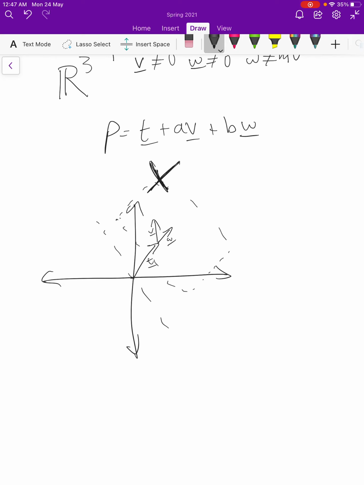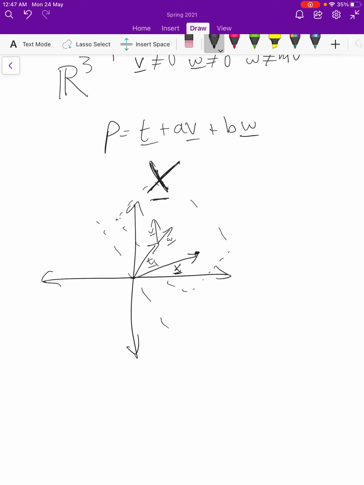But if I give you another point, say here in this plane, labeled x, it's a vector, then x is not orthogonal to the normal vector.